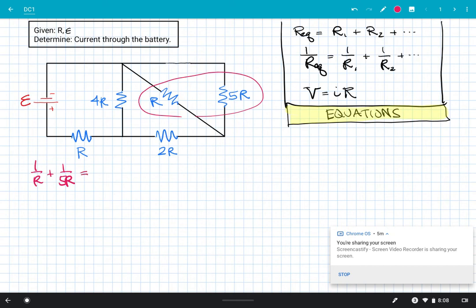That is going to be equal to, I'm going to let you do the common denominators, 6 over 5R. So that means my equivalent resistance is equal to 5R over 6.